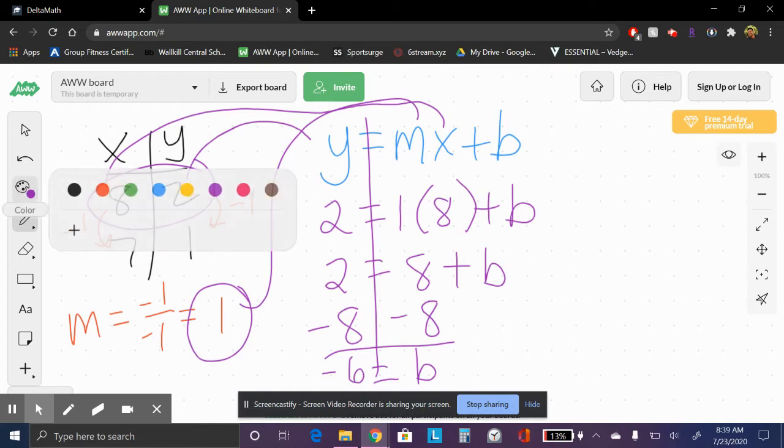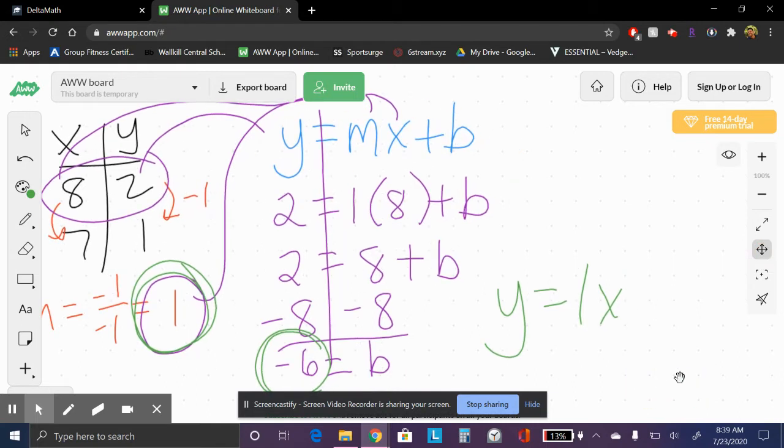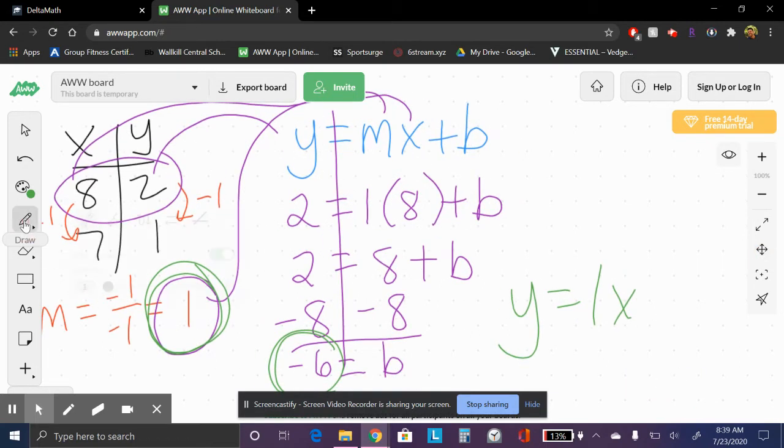So now I have my slope, I have my intercept. So my equation is y equals 1x minus 6.